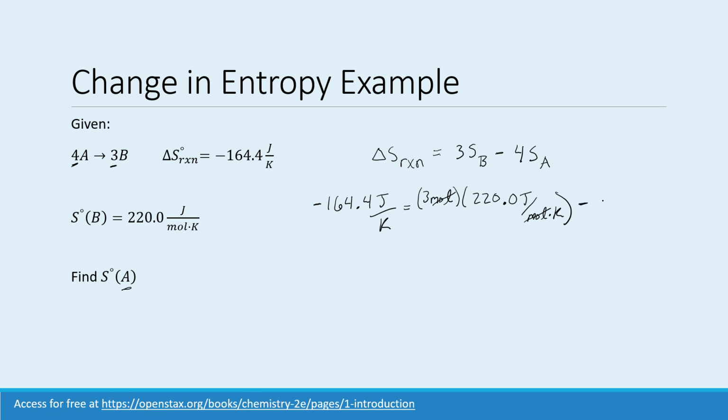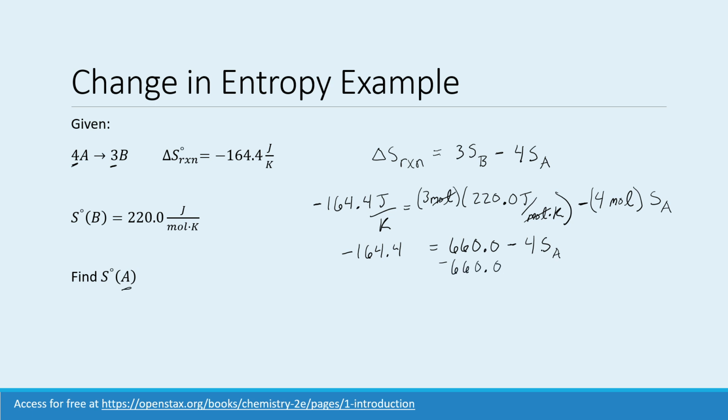And of course the moles cancel, leaving us with joules per Kelvin, and subtract out 4 times the molar entropy of A, which we don't know. So 3 times 220 is going to give us 660.0 minus 4 times SA. And that's equal to that negative 164.4.